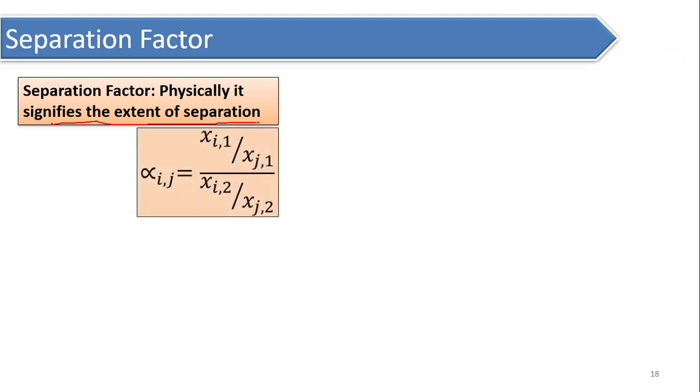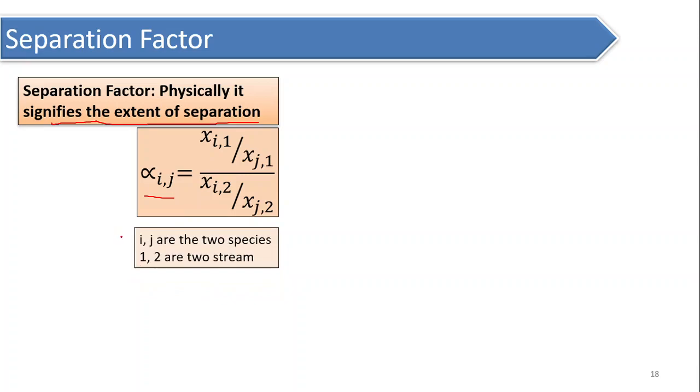And if you go through a simple mathematical representation of the separation factor, that representation is given by alpha ij. So alpha ij is simply the ratio of xi1 upon xj1 divided by xi2 upon xj2. What are 1 and 2 and i and j?